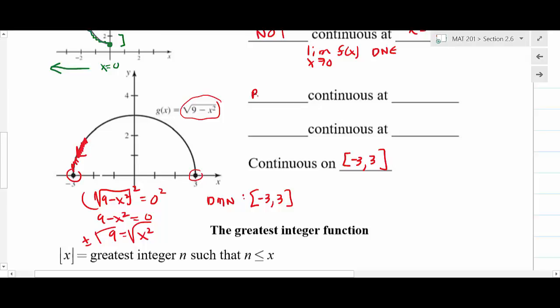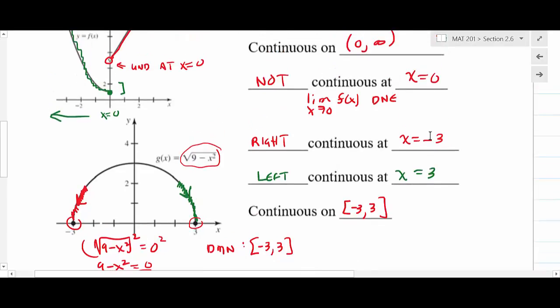So we would say this one is right continuous at x equals negative 3. And then this point right here, as you close in from the left and keep closing in, you're getting closer to that function value 0, so we would say that one is left continuous at x equals 3.